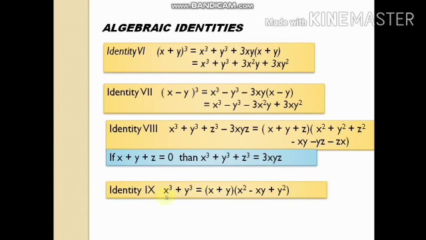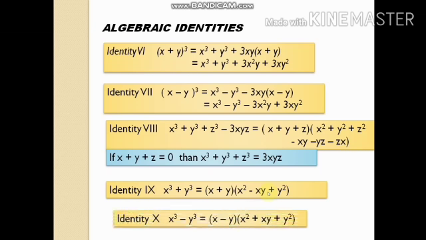Ninth identity is x cube plus y cube equals (x plus y) into (x square minus xy plus y square). And the 10th identity is x cube minus y cube equals (x minus y) into (x square plus xy plus y square).